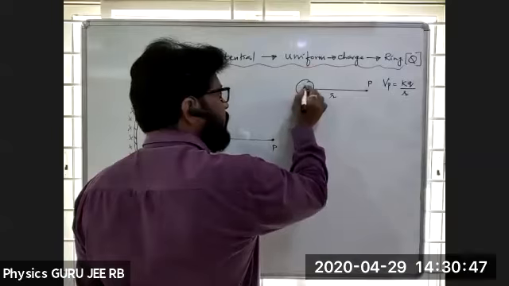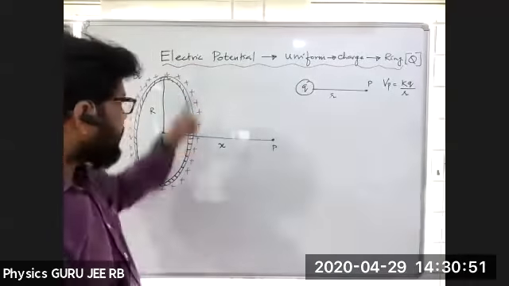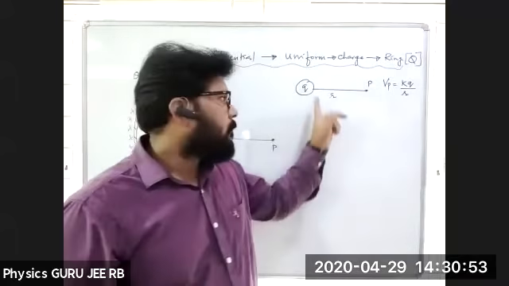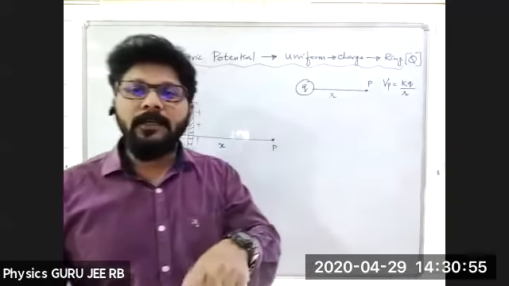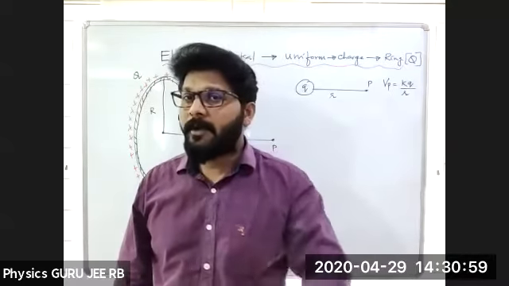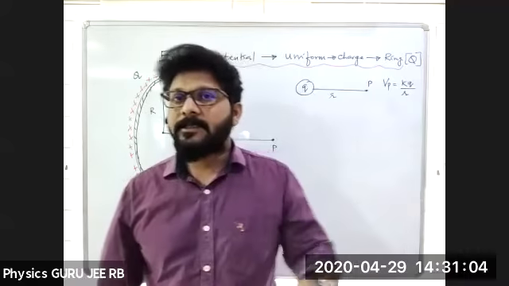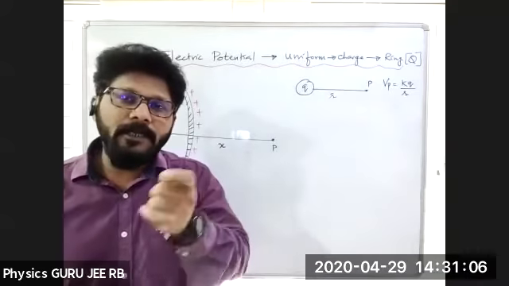So this is an extended body. A point charge cannot be converted into an extended body, but an extended charged body can be converted into point charges.